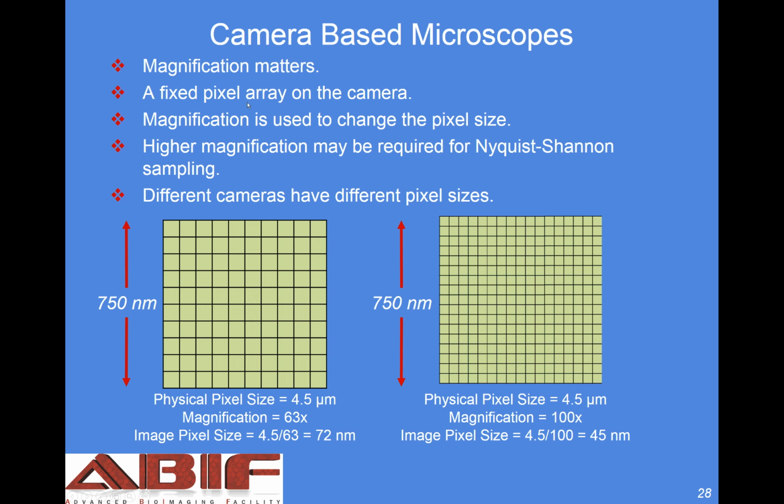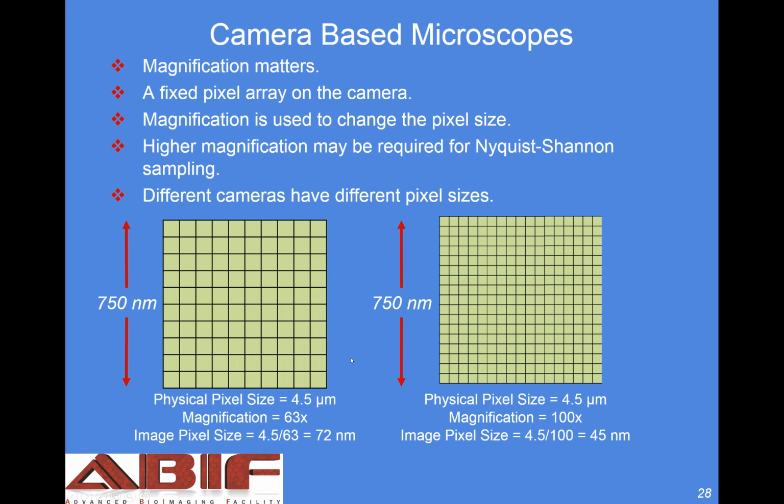So there's a chip in the camera that has a fixed array of sensors, and those are your pixels basically. And the magnification you use changes the pixel size. So you may need higher magnification to get Nyquist Shannon sampling on your camera. And it's important to note that different cameras have different pixel sizes. So in choosing a camera for a wide field system, this would be something you might want to consider.